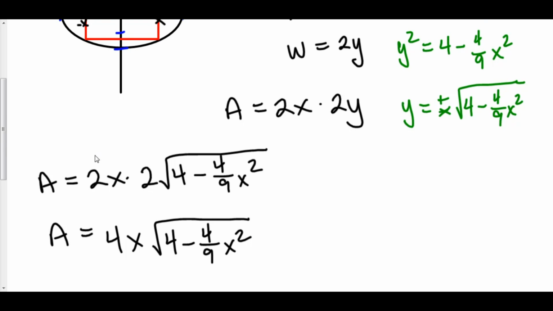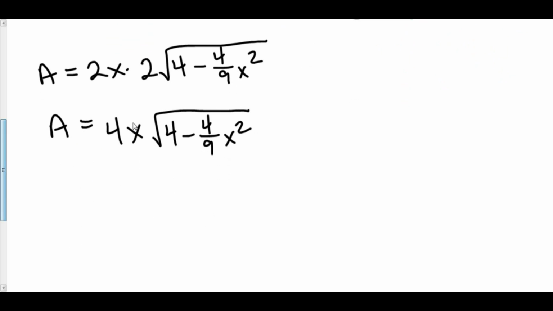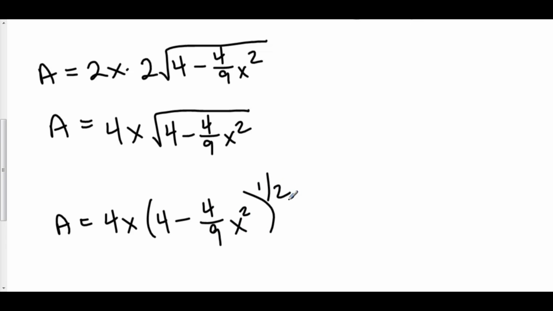To take the derivative of this, let's first rewrite this in a better way. We can rewrite the square root as the power of 1/2. So we have 4 minus 4 over 9 x squared to the 1/2 power.